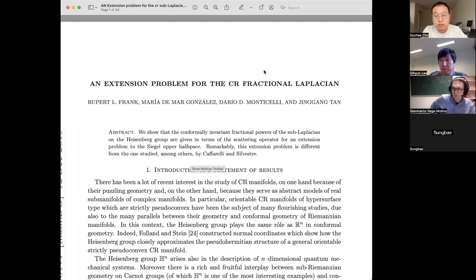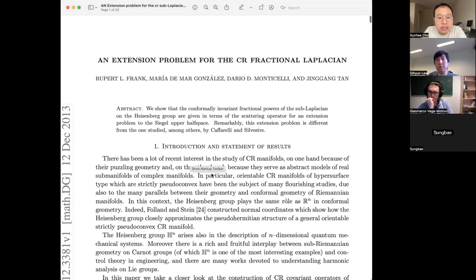So that's the stereographic projection. But unfortunately, because the Heisenberg structure is more rigid than the topological n-sphere, the same method as in the real hyperbolic case does not work. So one needs to consider an additional method to deal with this rigidity.